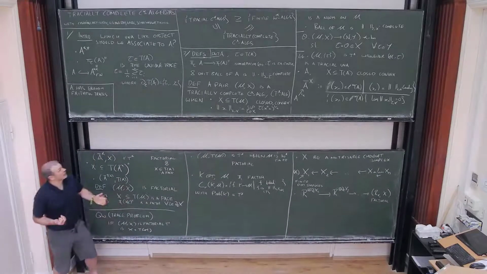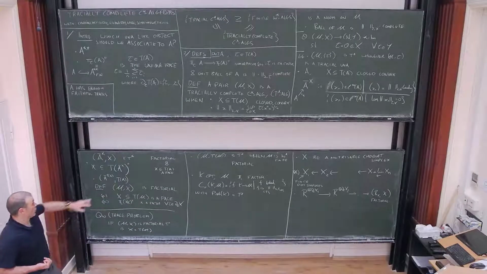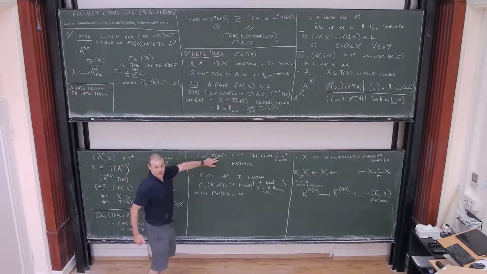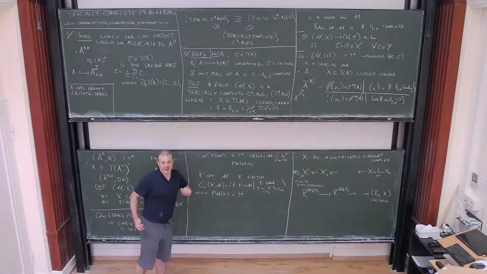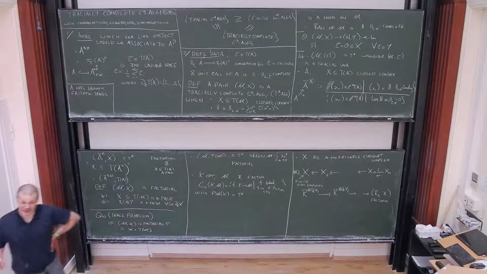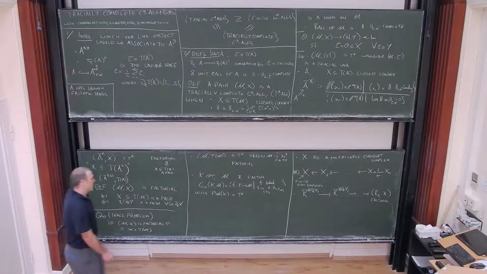But only in the factorial setting. And notice, of course, that in this case, where there are normal and non-normal traces, this isn't factorial. So that's for a general finite problem.